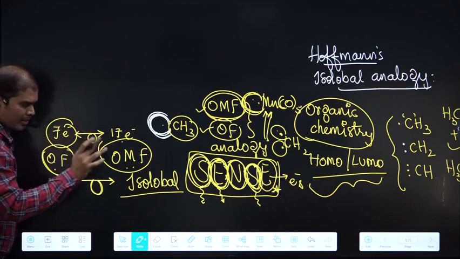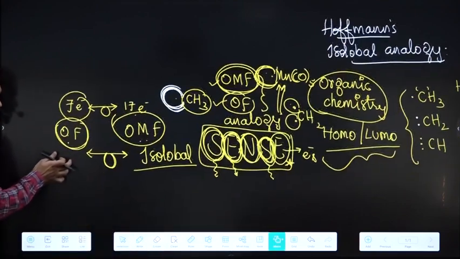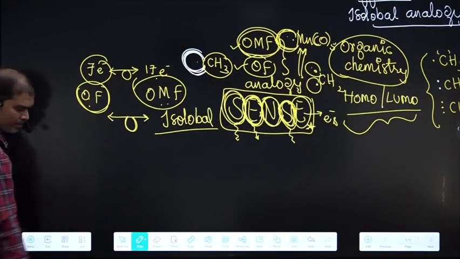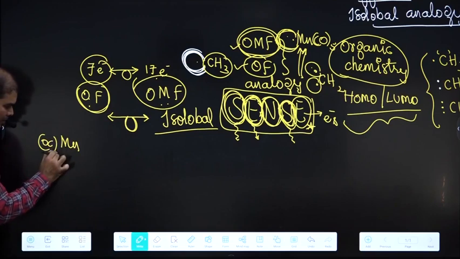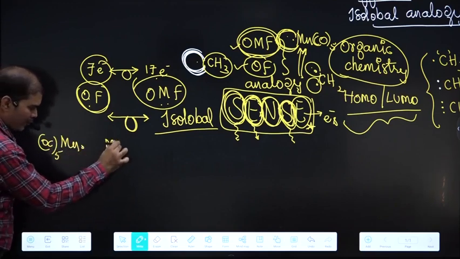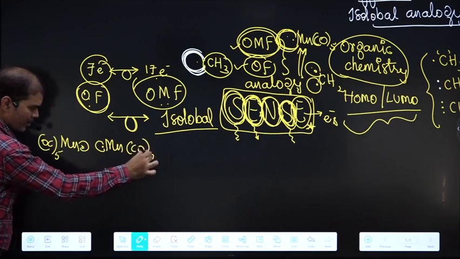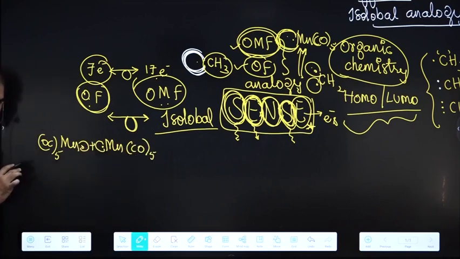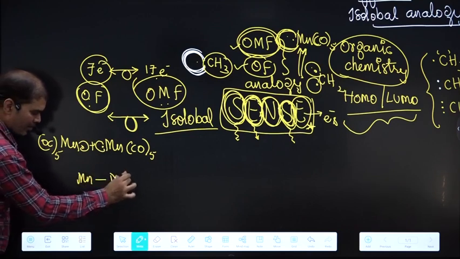Got the point? If I ask you, CH3 radicals will combine to give you ethane. Now Mn(CO)5, is it similar to methyl? Yes. Suppose I combine these two, what should you get? I have to get Mn2(CO)10.